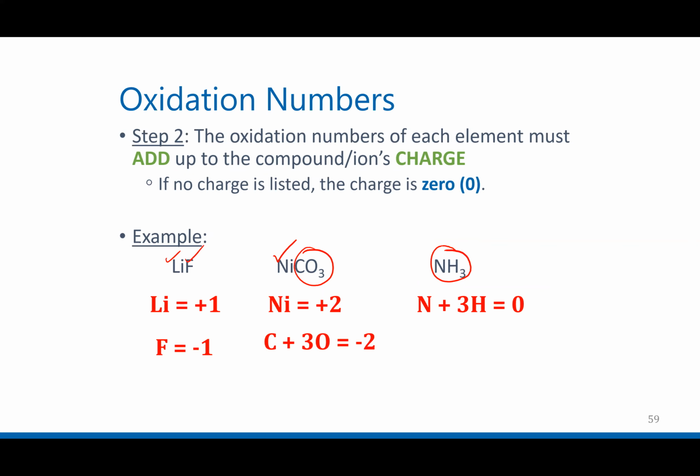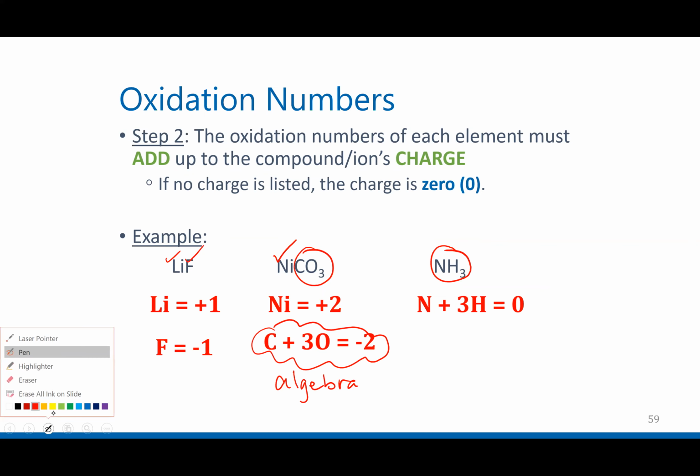So for carbonate, if I add the charge on carbon and the charge on the 3 oxygens, it must equal -2. So I'm basically creating a math equation, an algebraic expression.